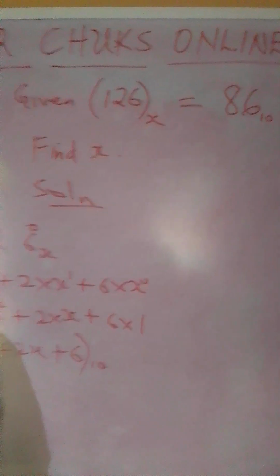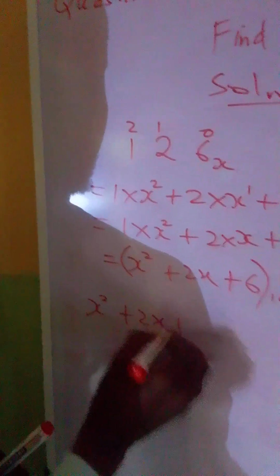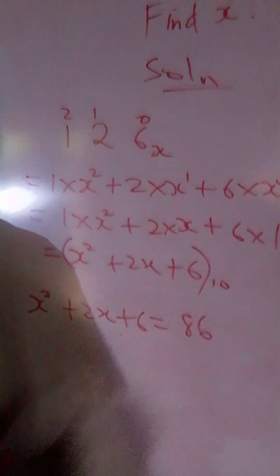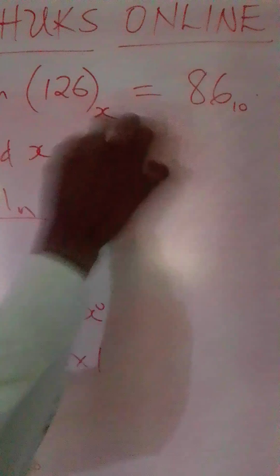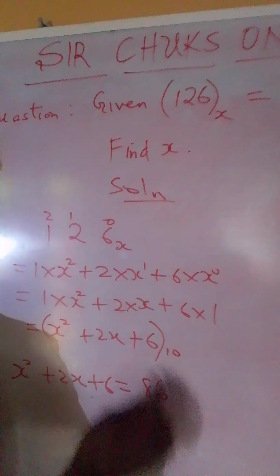So let me equate it to 86. I have x squared plus 2x plus 6 equal to 86, since they now have the same base. Now, the next thing is to move this 86 to this side.